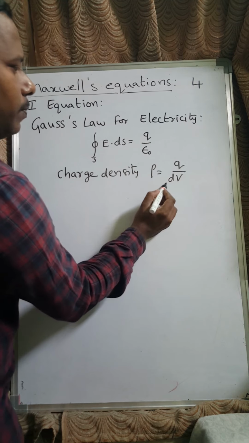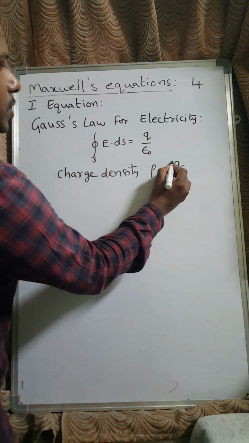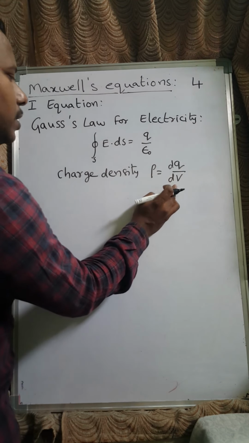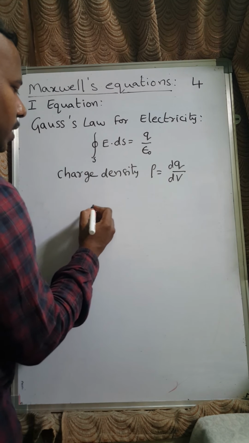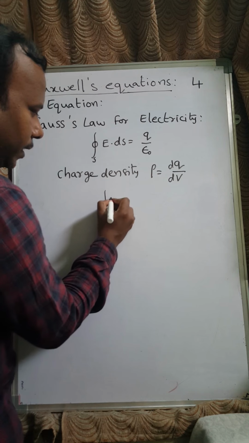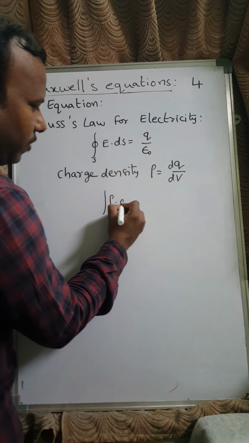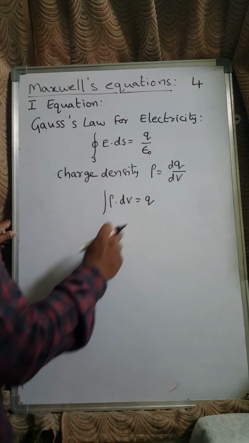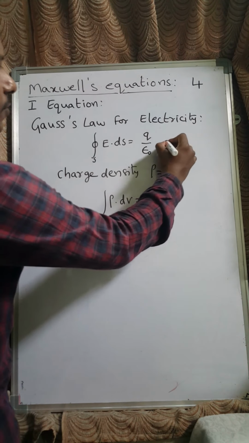In the small volume dV, dq is the charge present. If I want to calculate the total charge present in a volume V, then I have to integrate the equation rho into dV, which becomes Q. Let us substitute this value in equation number 1.